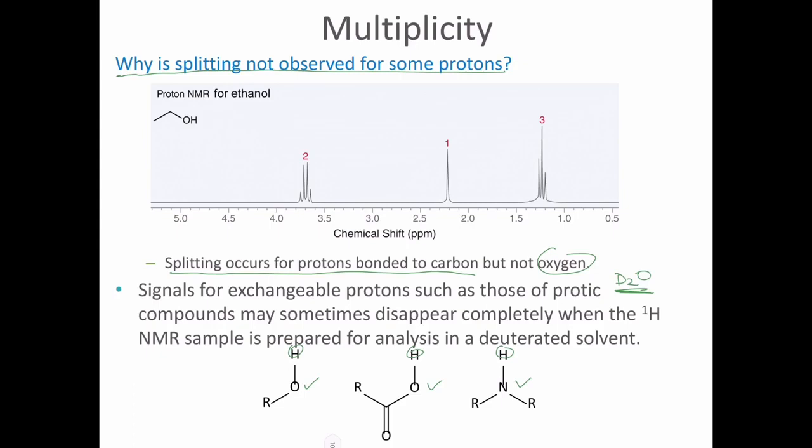Now NMR is usually performed in the presence of deuterated solvents. So it could be deuterated chloroform or deuterated water. If you use deuterated water, then deuterium is going to exchange with the proton if there's a possibility of hydrogen bonding, which means the electronegative atom is going to be able to release this proton, leading to an exchange. If that happens, we are not even going to be able to visualize the proton that is closest to nitrogen, and it will not even show up in the proton NMR.